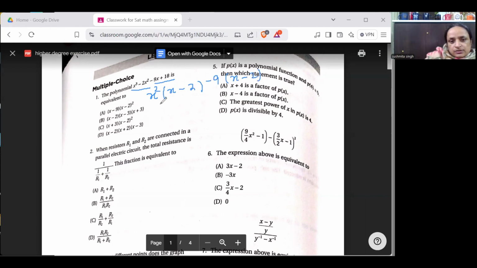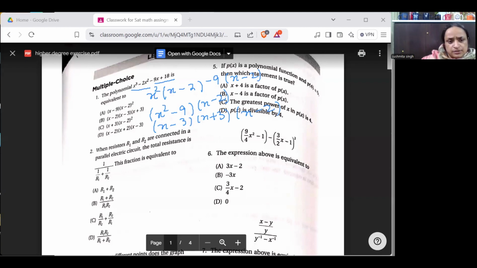So this becomes x squared minus 9 and x minus 2. So it will be x minus 3, x plus 3, x minus 2. This is the old way to do it.